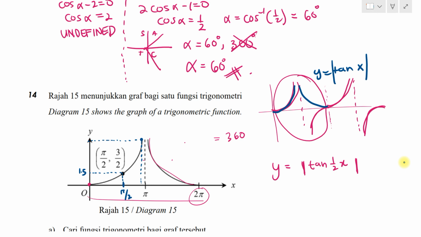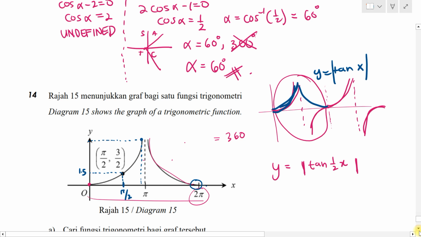And we know this is the minimum, 2 pi. The graph must start from positive. If it were from negative, it would start like this. So the answer for the amplitude must be positive. We need to think how to get the amplitude. They give 1 point for us, right? Pi over 2 means 3 over 2.